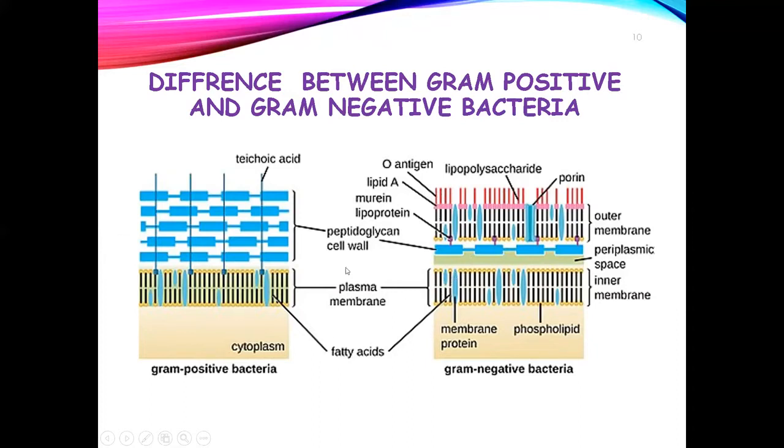The peptidoglycan layer is very thin and the lipid content is very high in gram-negative bacteria, while in gram-positive bacteria the peptidoglycan layer is very thick. Likewise you can differentiate between the two, and due to the difference in lipid content, it is easy to differentiate using the gram staining technique.